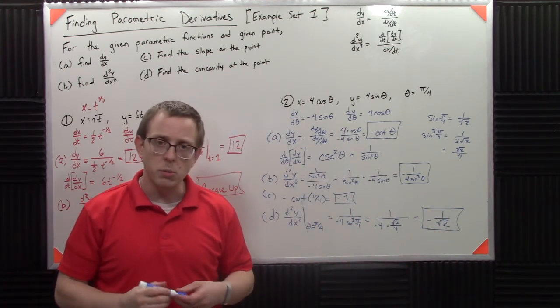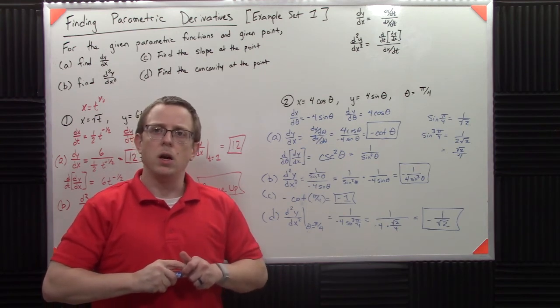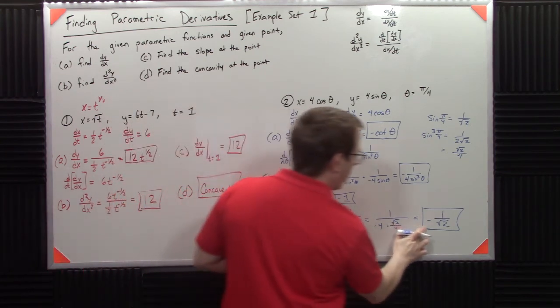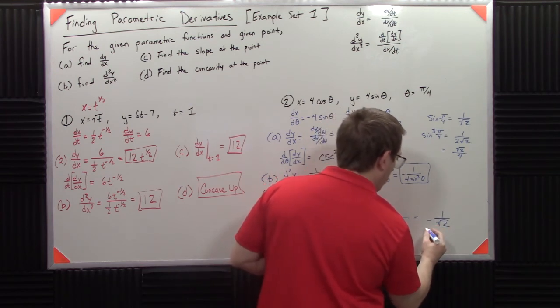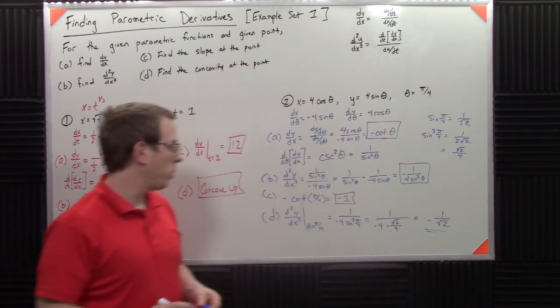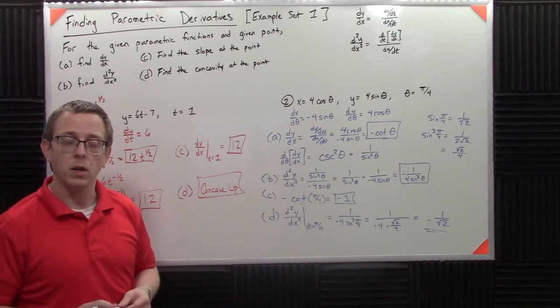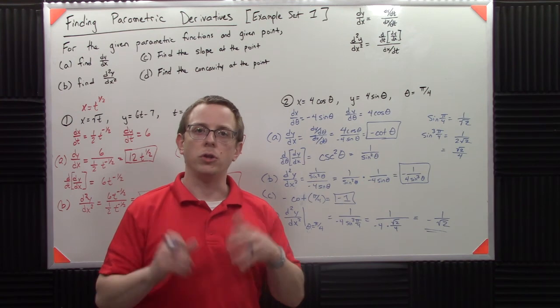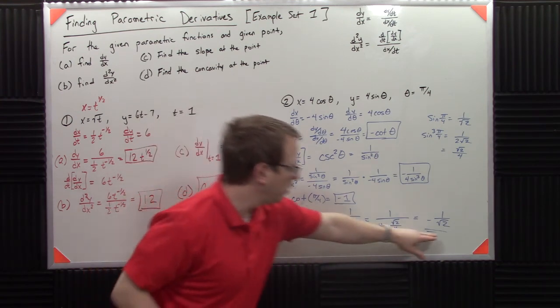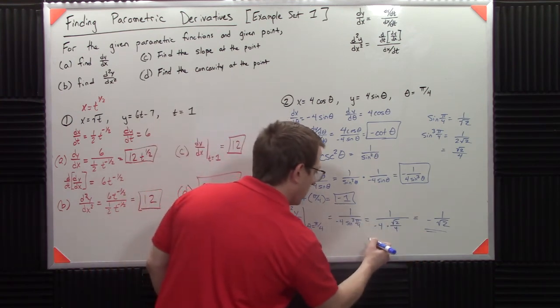So it's pretty simple, pretty straightforward stuff here. Actually, that's not even correct. Sorry, it's not the right answer. Now that is negative 1 over square root of 2, but the answer is what's the concavity, right? So in this particular case, what you might want to say is, okay, is this function concave up or concave down? Well, clearly it's concave down because it's negative.